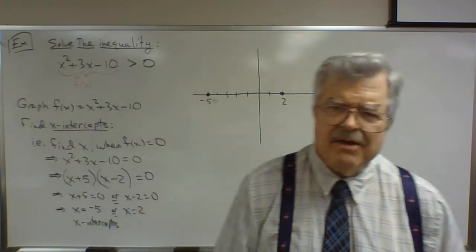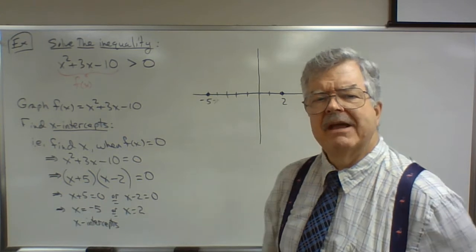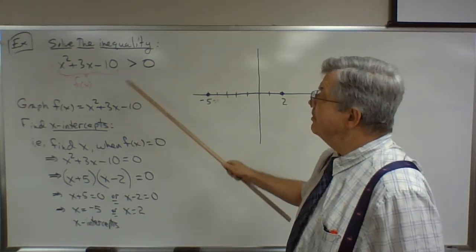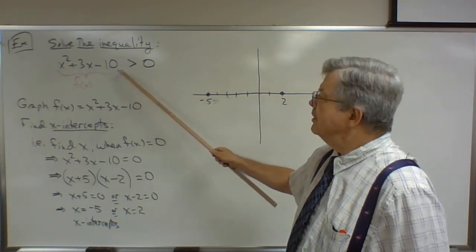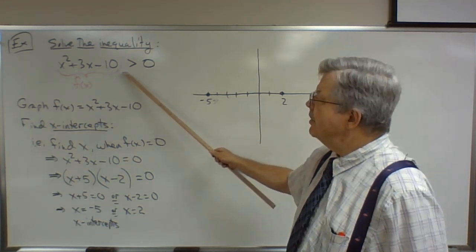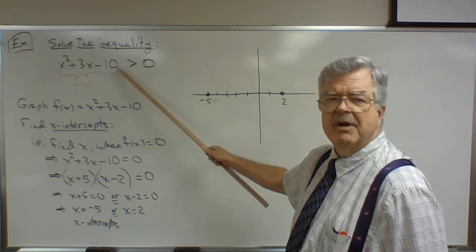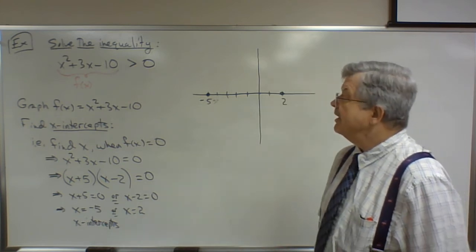And here's why knowing the x-intercepts is such an important thing when we're doing a quadratic inequality. When we're solving a quadratic inequality, we want to know where this is positive or we want to know where this is negative. And think about it.